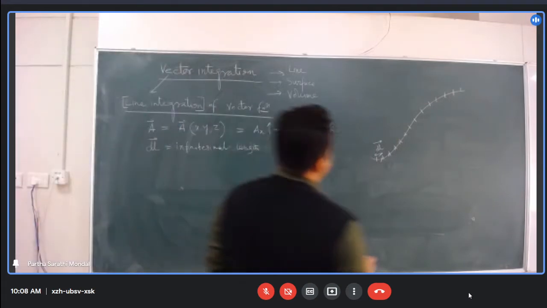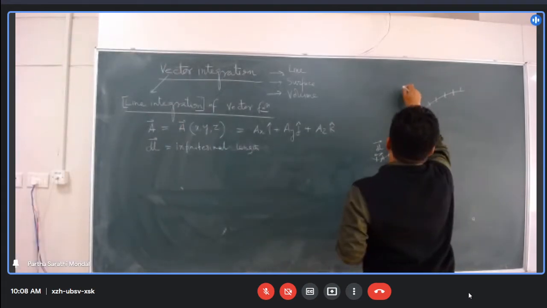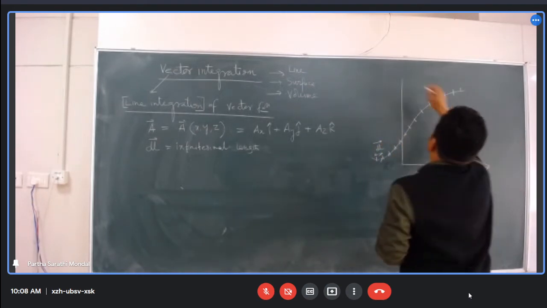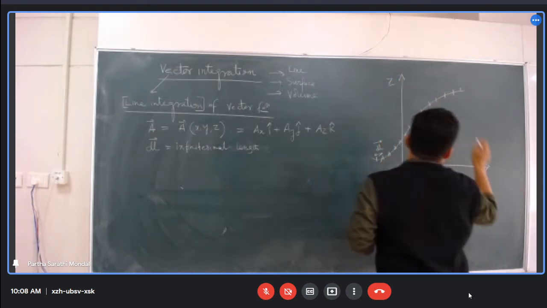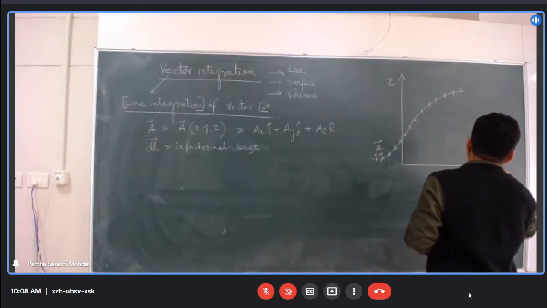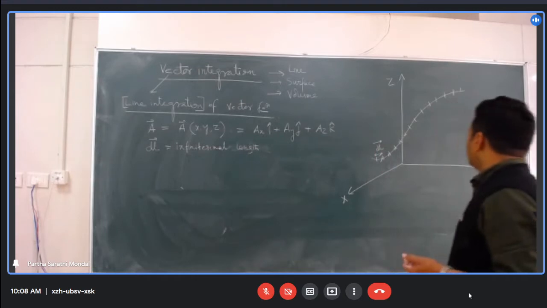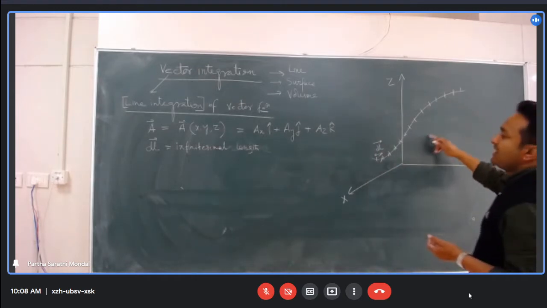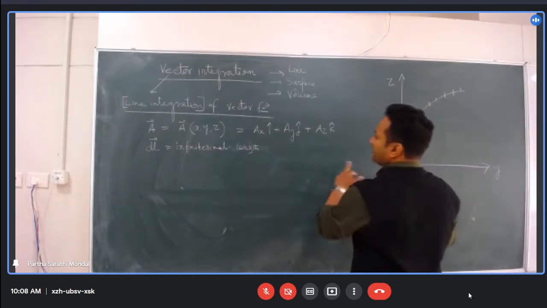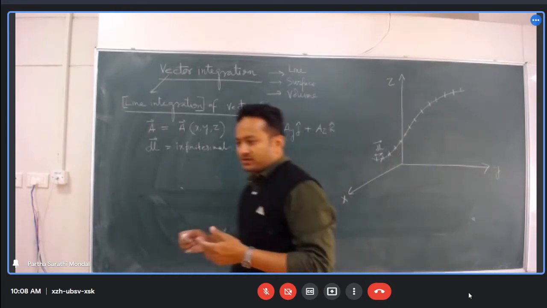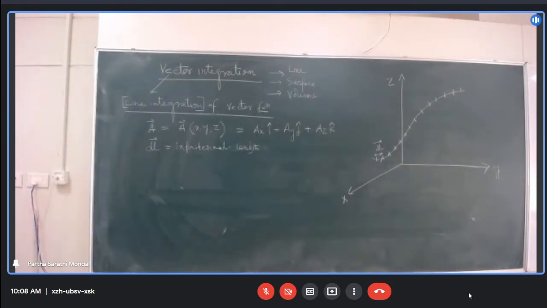So now what do we usually do? Let's take a coordinate system. Let's say this is z, this is y, and this is x. These are the three coordinate axes, and let's say we have a line. If you want to carry out a line integration, you need a vector and you need a line.